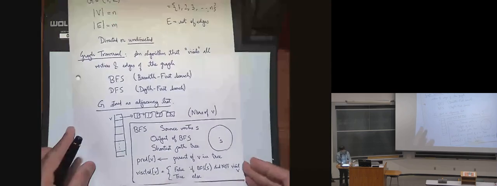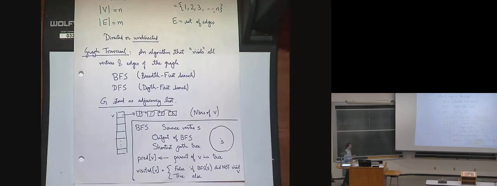As we discussed, the input is a source vertex S, the output are these two arrays. What I'm going to tell you right now are the main properties of these two arrays or lists, and then we'll talk about how one proves those properties are true.